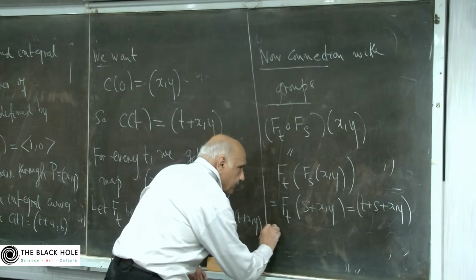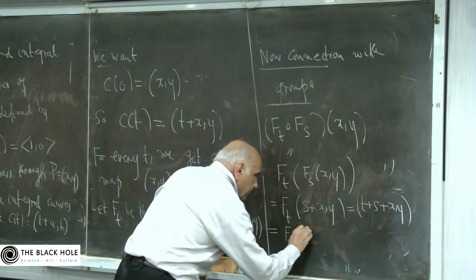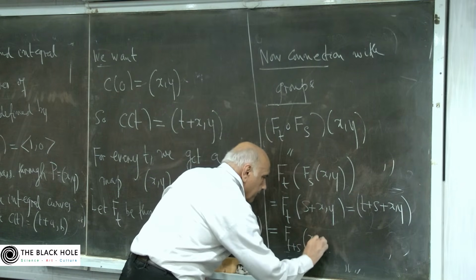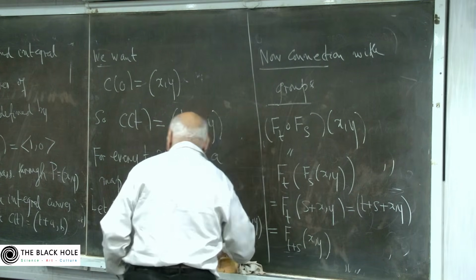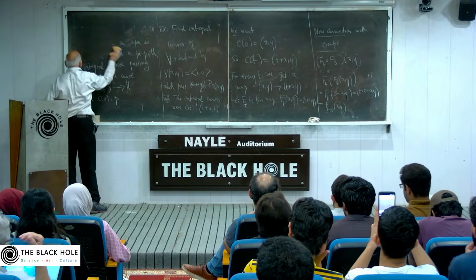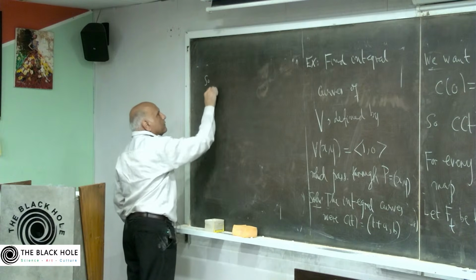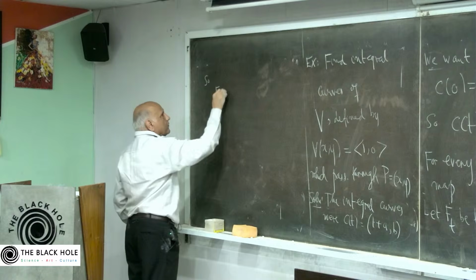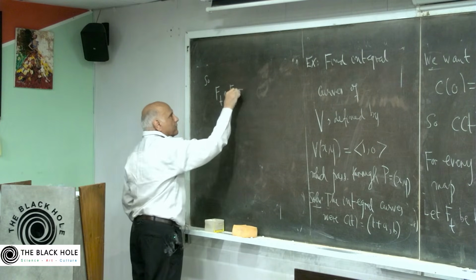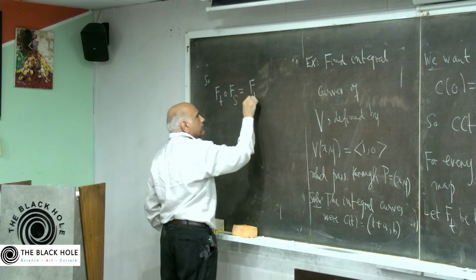This is nothing but F of t plus s applied to the point xy. So Ft composed with Fs is equal to F of t plus s.